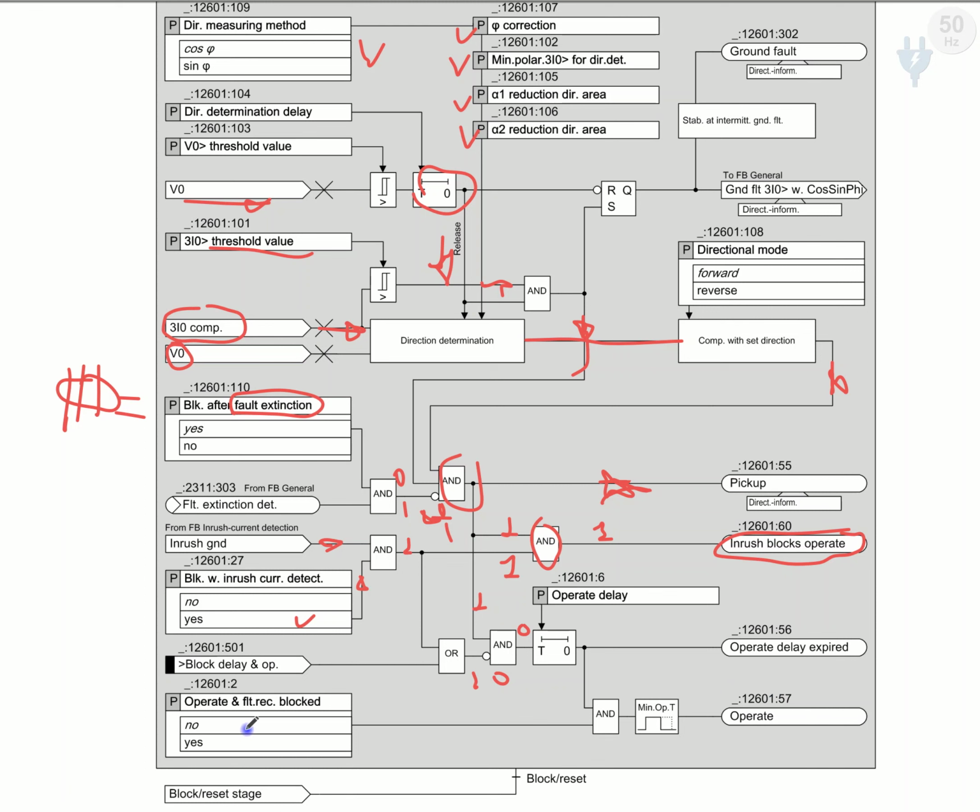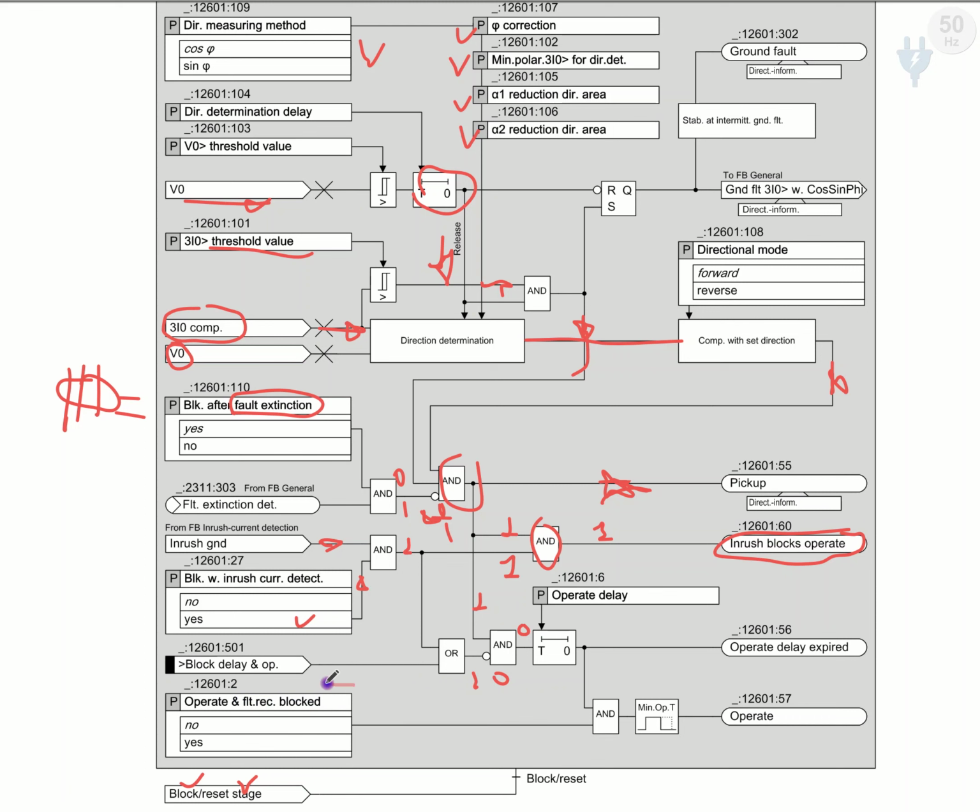The operation and fault recording block blocks whether the system should operate or not, overall, whether all functions should operate or not. We can block all of these functions by block, and we can reset all of these functions by the reset of the whole stage.